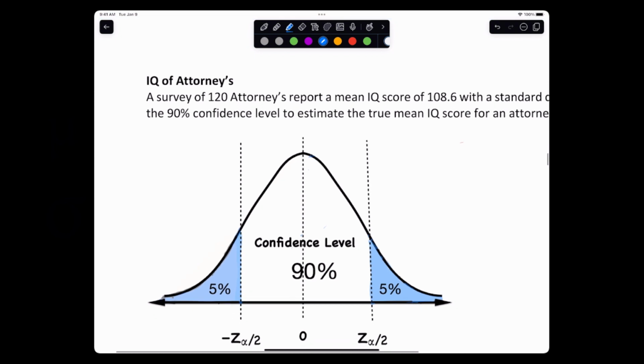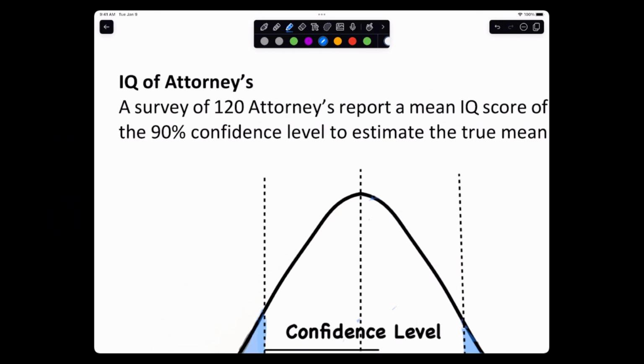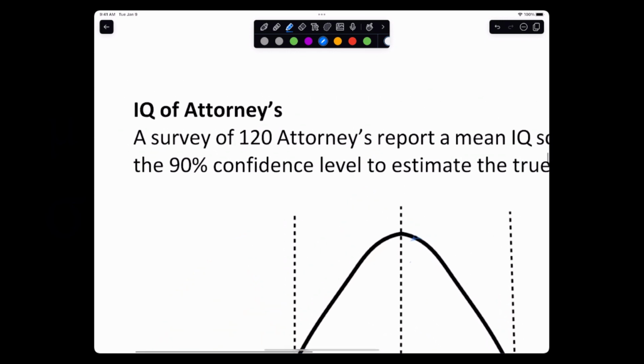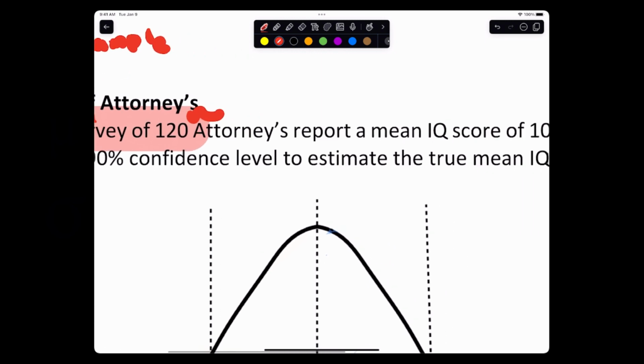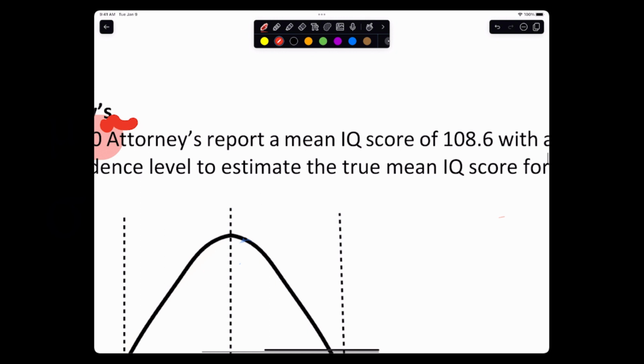So this is an IQ of attorneys. Let's read. It says now what? A survey, ladies and gentlemen, is the same as a sample, okay? N is 120, because it's a sample of 120 attorneys. And they report, what's their mean IQ?